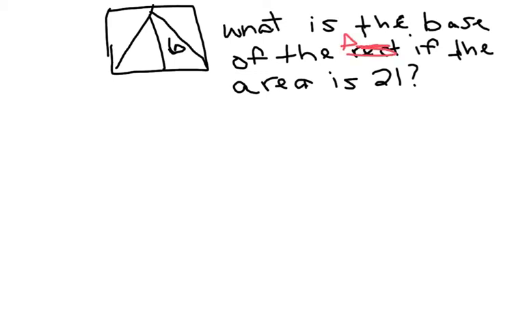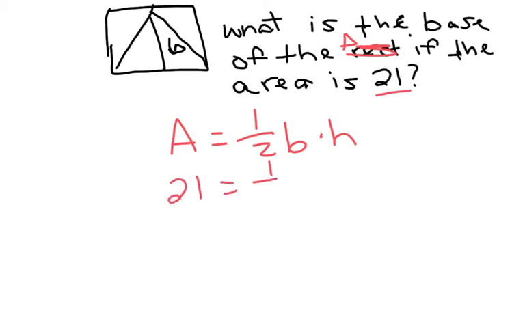What is the base of the triangle if the area is 21? Okay, so this is complicated. This is kind of like that one I showed you in the beginning where you're going to have to plug things in. So we know the formula: area equals 1/2 base times height. The area is 21. 1/2.